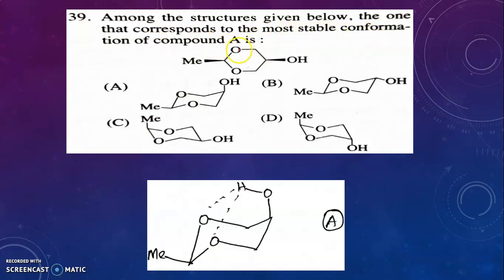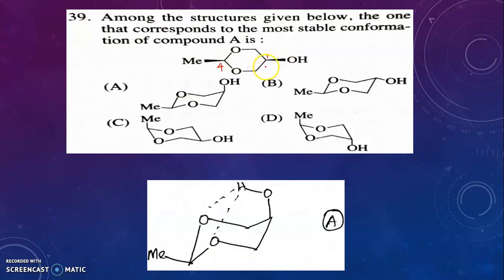See, this is compound A, which is not a cyclohexane; it has 2 oxygen atoms here, and a methyl group and a hydroxy group present in cis fashion. Now, this also exists in chair form. If I take this as carbon number 1, and this as 4, so it is 1,4 cis.